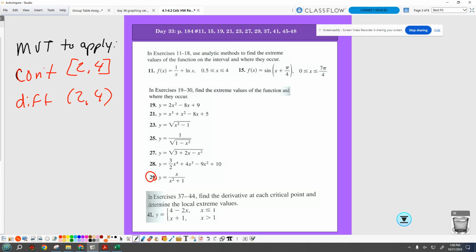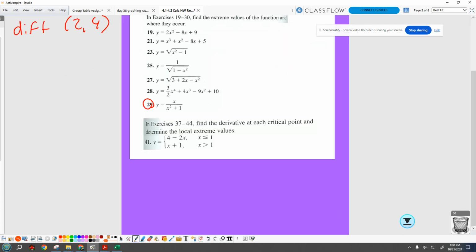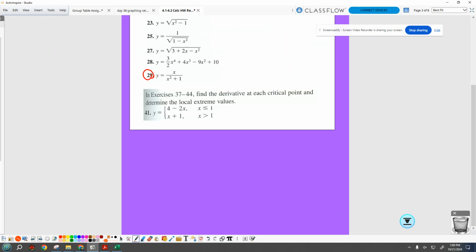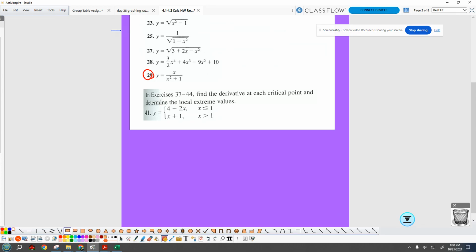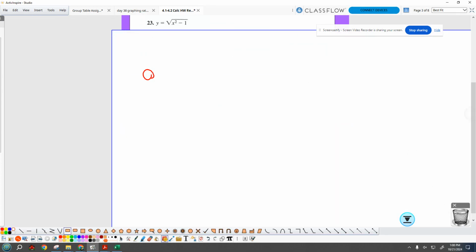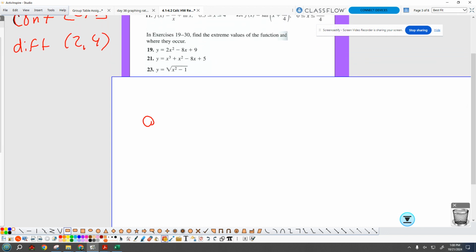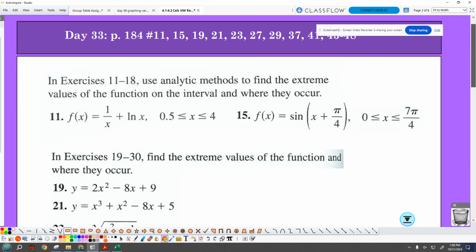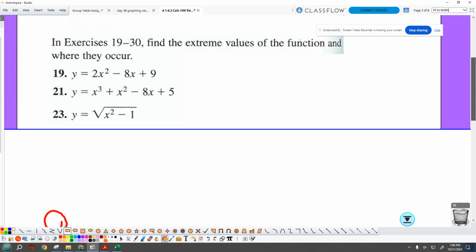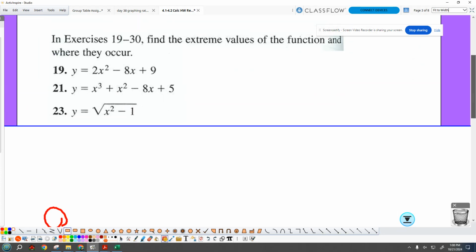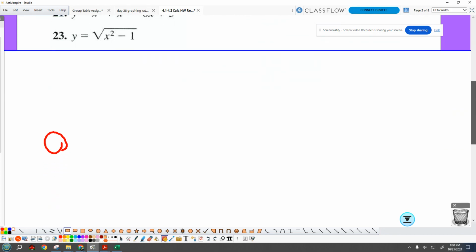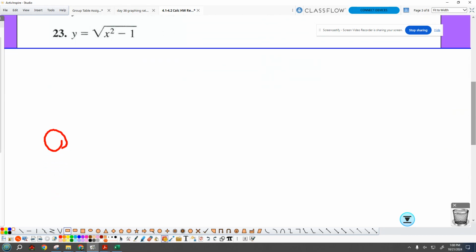Okay, 23 says find the extreme values and where they occur. What is that asking for? What are the extreme values? Y values. And where they occur are the X values.